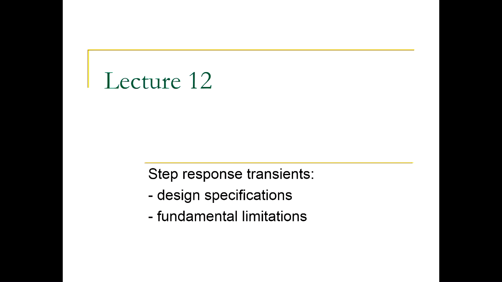And then an important part of this lecture is also to talk about fundamental limitations to performance. You will see that what can happen is, given a system, given your plant, you might have a situation where I can give you a set of design specifications that is unachievable with any controller.